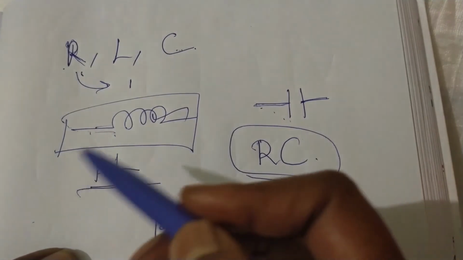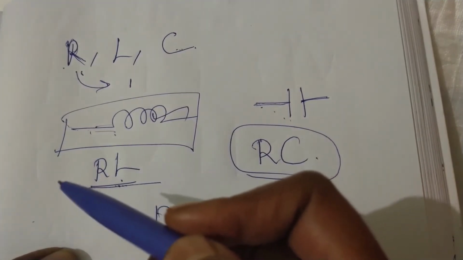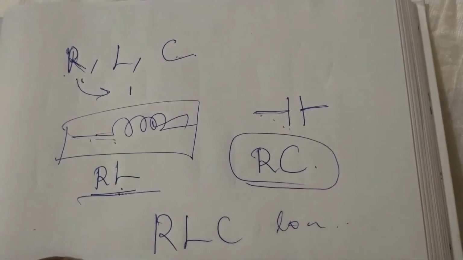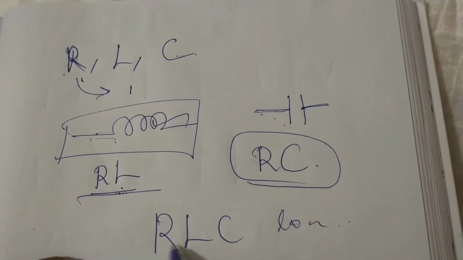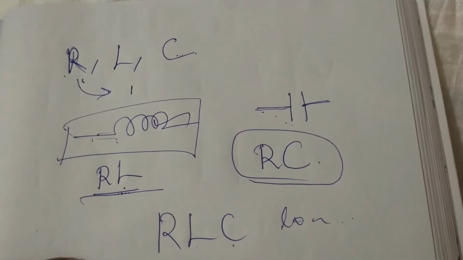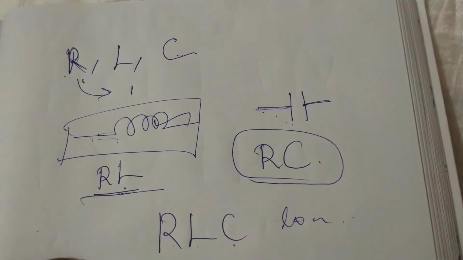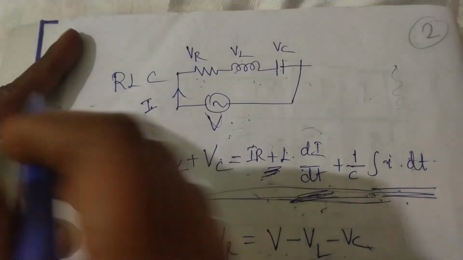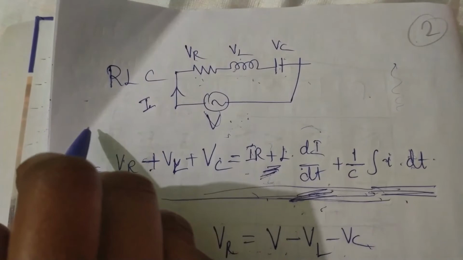To explain in depth, I am going to consider multiple elements like an RLC electrical circuit to explain the importance of addition, subtraction, integration and differentiation in the electrical system. So now we have to see the RLC load.